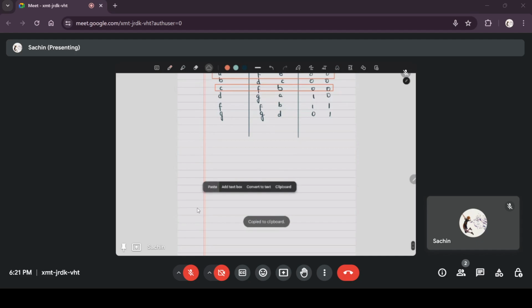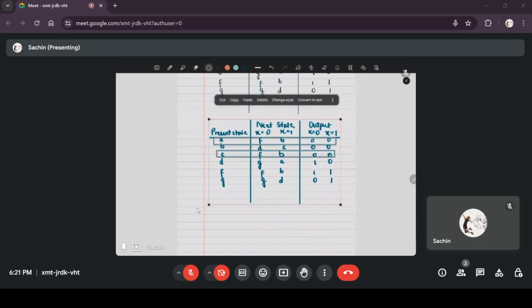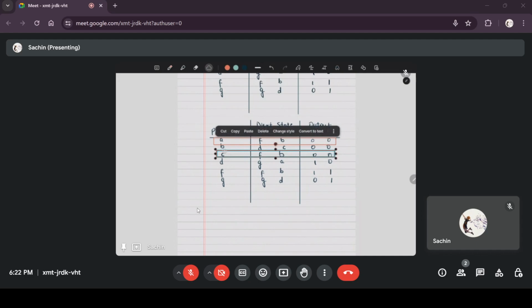So now you can remove the row containing C, and wherever there's a C you can replace that by A.